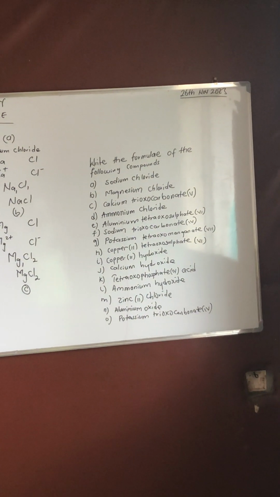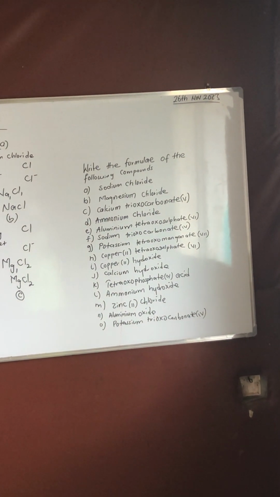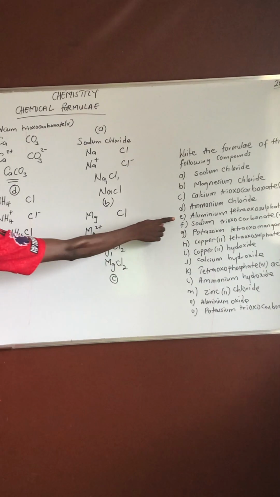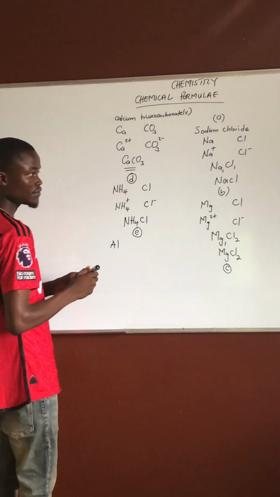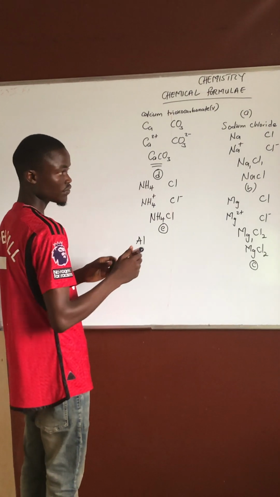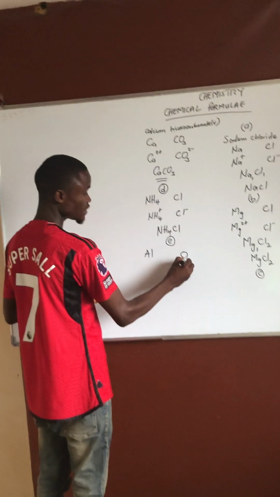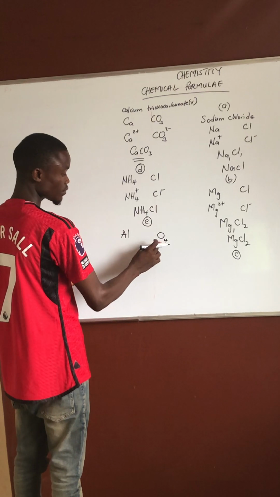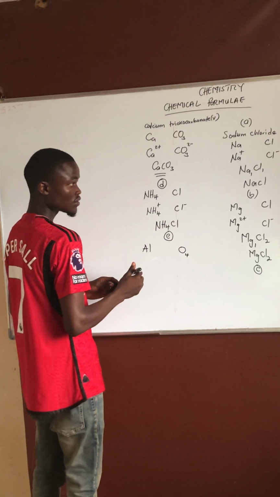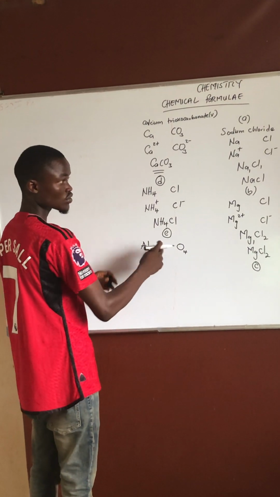Then you go for E. E says aluminium tetraoxosulfate(VI). The symbol for aluminium is Al. For tetraoxosulfate, mind you, when you say tetra, that means oxygen possesses 4. Oxo means oxygen.